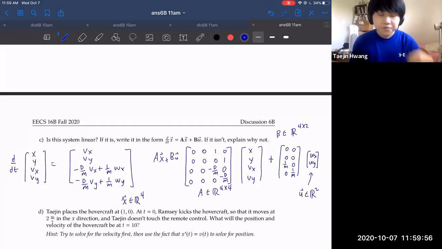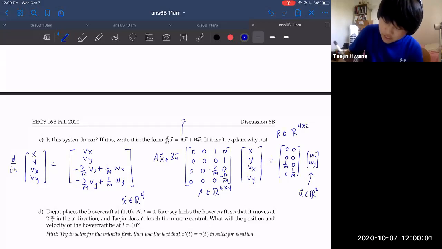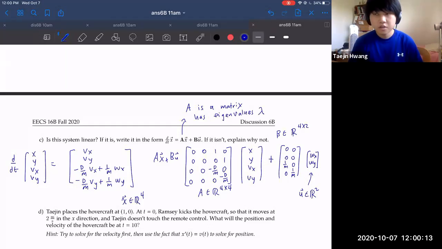Definitely something really good about linear systems is that this matrix A has eigenvalues. And as you were saying earlier, this lets us solve it, but it also lets us analyze it a lot easier because of these eigenvalues.